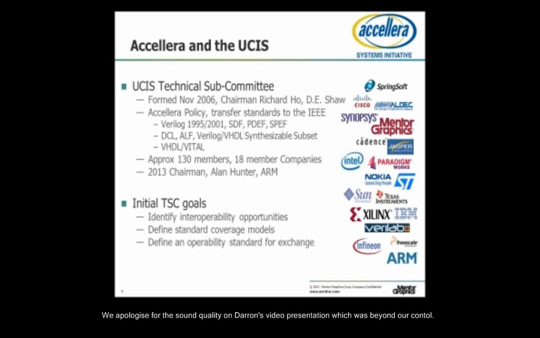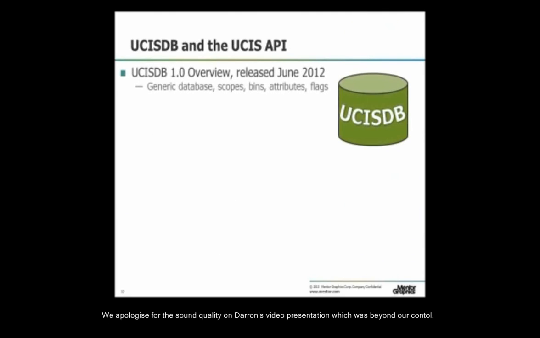Look for a standard way of exchanging information from those data models, and really, that's kind of what we're talking about today, is to encourage both the user and the EDA industry to advance technology for coverage in this particular area. So if we look at the database itself and give you a quick overview of what it looks like, the UCIS standard was released back in 2012, so it's about 18 months ago now.